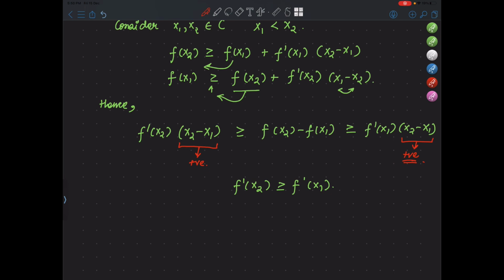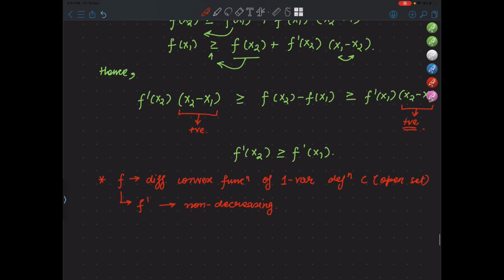So one result that the theorem automatically gives us is that if f is a differentiable convex function of one variable, defined on C, which is an open set, then the derivative f' is non-decreasing. So if you keep on increasing x, the derivative will keep on increasing, it will never decrease. So that is the thing.